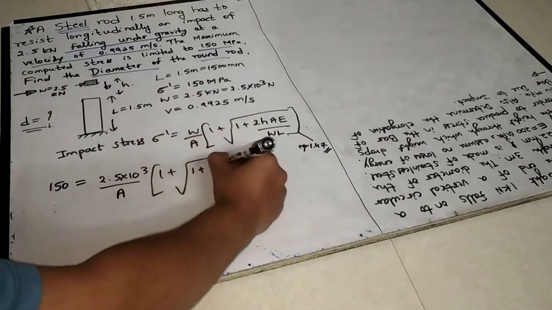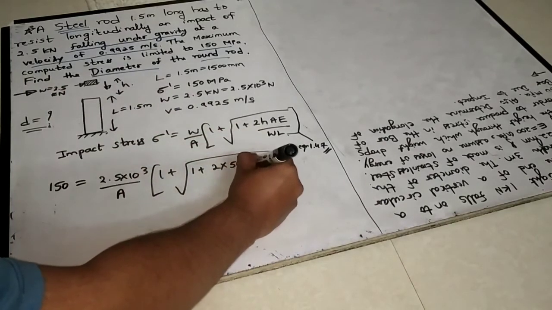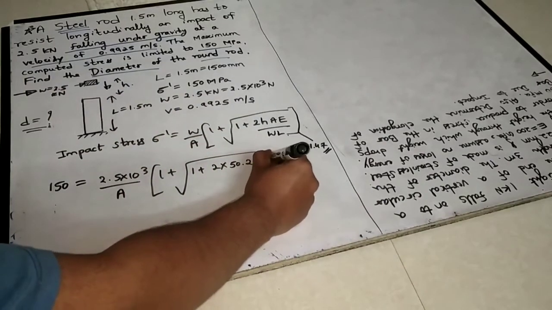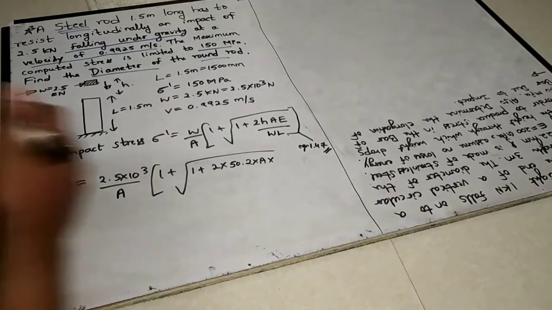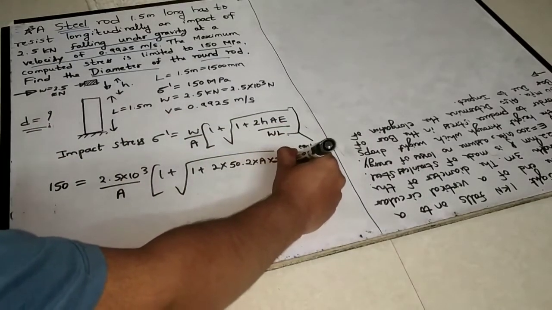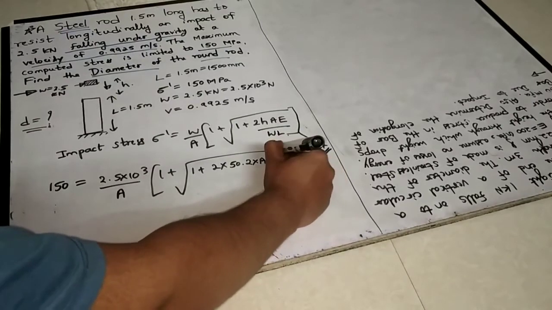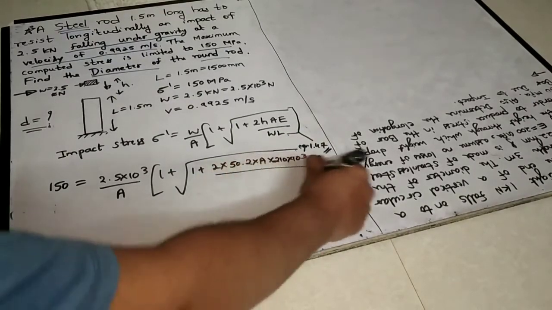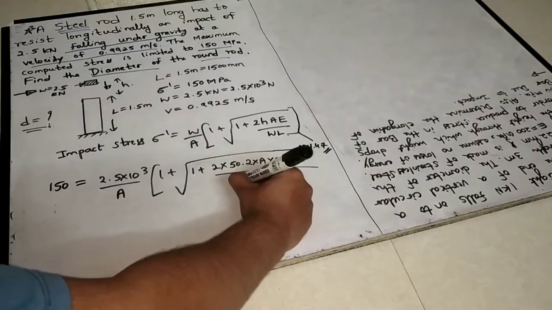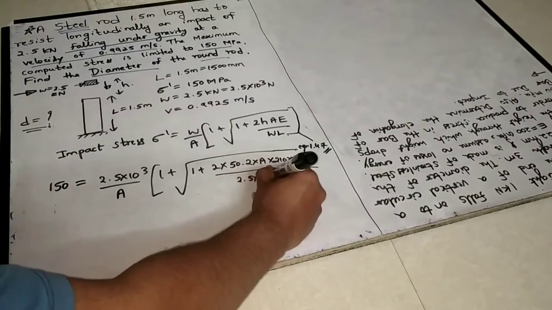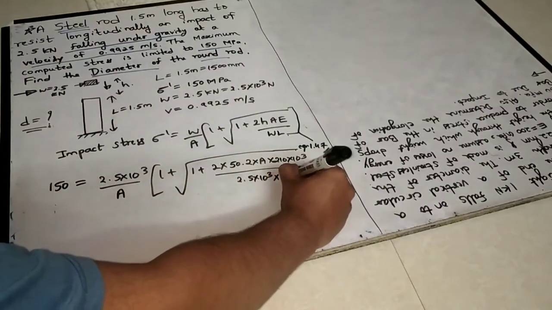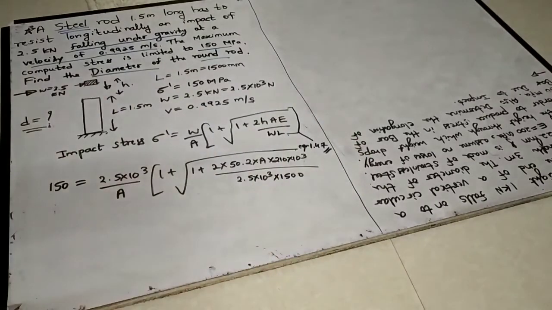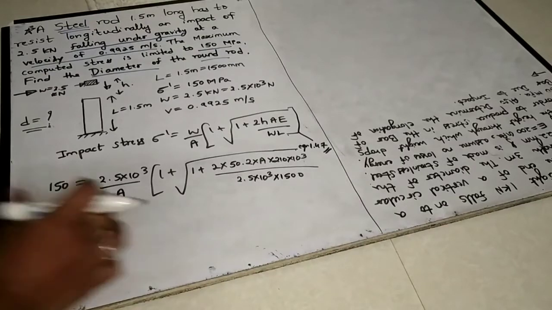Yes, 50.2 into cross-sectional area A. And Young's modulus also we have got from data handbook, that is 210 into 10 raised to 3 divided by w is 2.5 into 10 raised to 3 into length L, 1500. Correct?